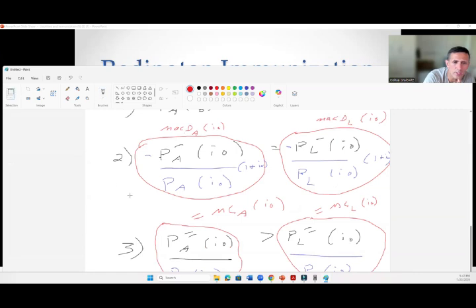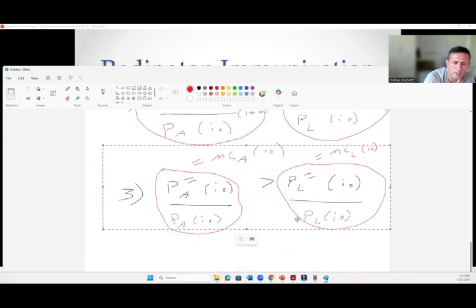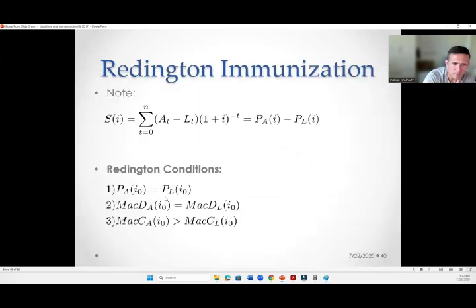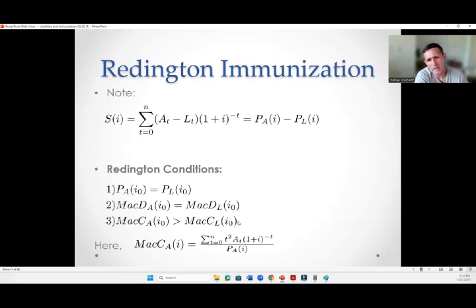Now, in terms of convexity, there's something called Macaulay convexity, which, as we'll see later, is really useful and interesting. Even Macaulay duration, that we're allowed to match it, is extremely useful, as we'll see in a minute.